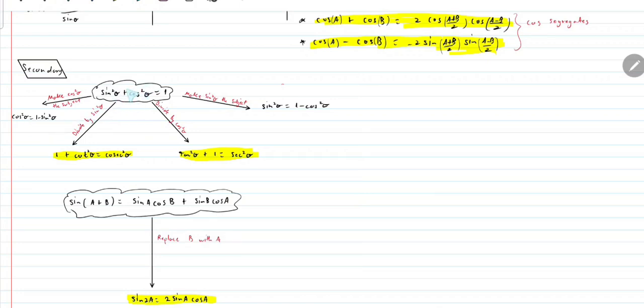You can take this identity, divide throughout by sine squared theta, and you're going to end up with this identity. 1 plus cot squared theta is equal to cosec squared theta. Divide throughout by cos squared theta, you end up with this identity. Make sine squared theta the subject, you end up with this identity. Right? So once you know this one, you're in a very good position. You can get the rest.